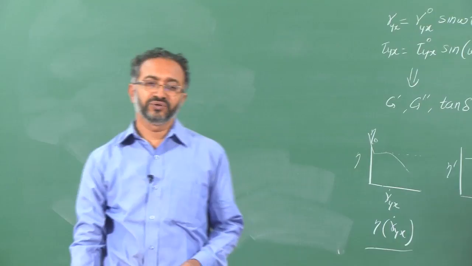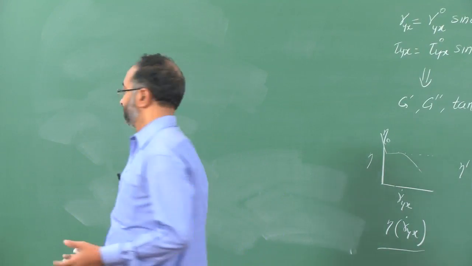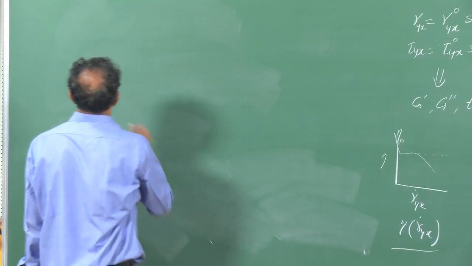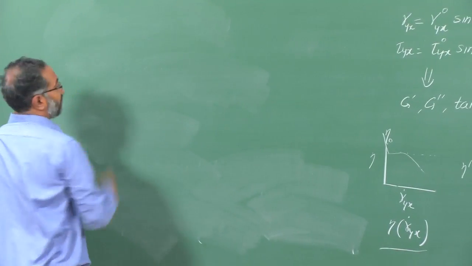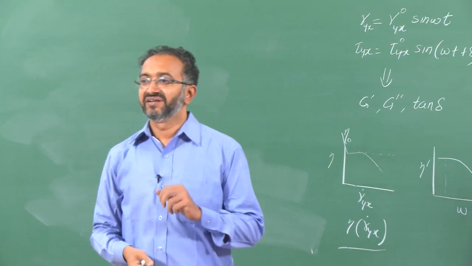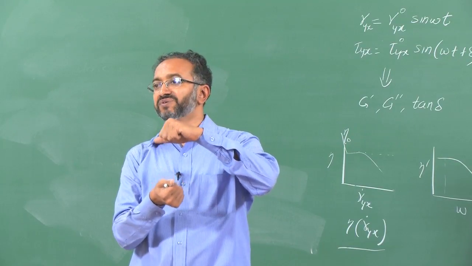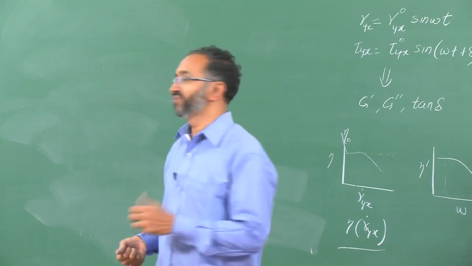In fact, you could also think of this in another possible way. You do what is called a standard test for solids, a uniaxial extension, in which you apply the strain on the material and measure the stress versus strain graph, and then you usually get a modulus.